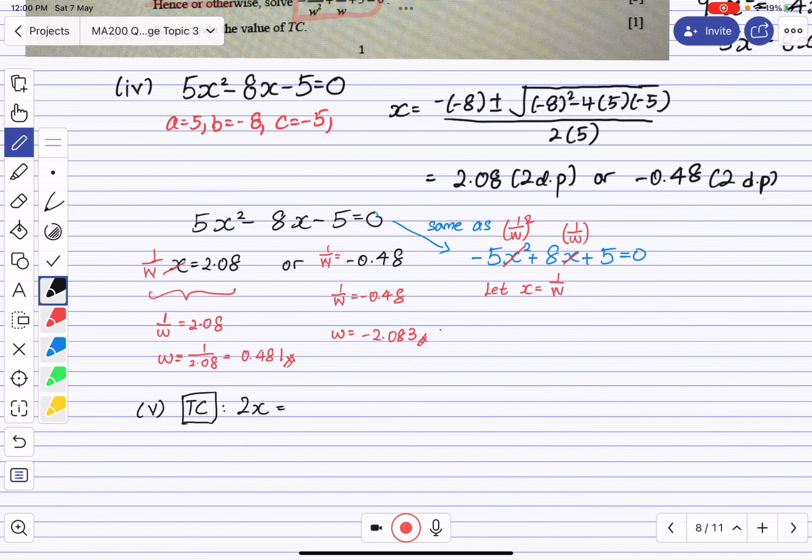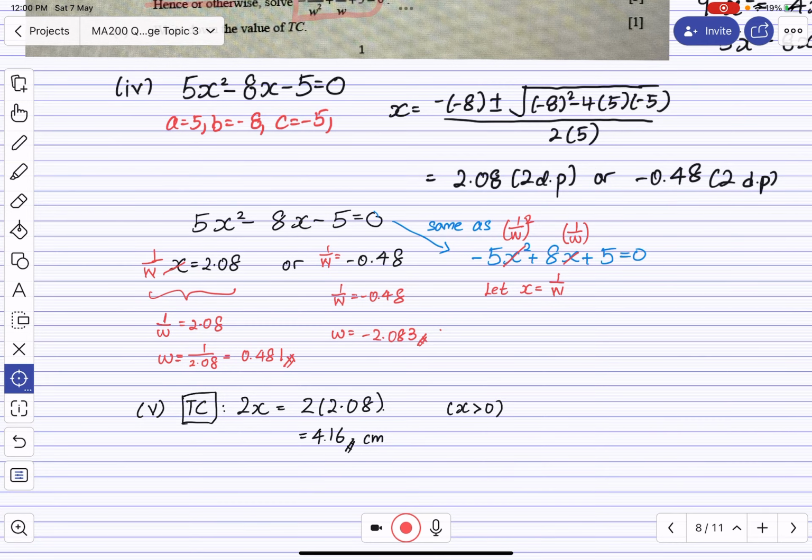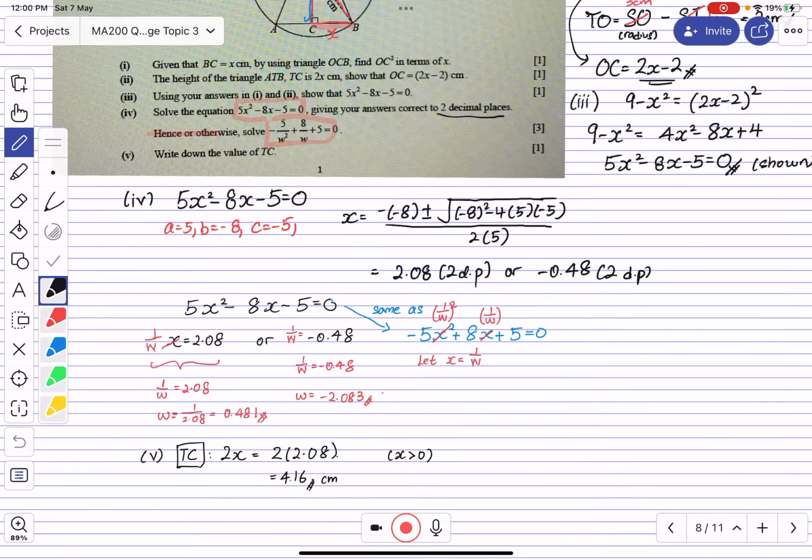I'm going to take 2x to be 2 times 2.08, which gives me the answer 4.16. The reason again is that x must be more than 0, hence we are rejecting negative 0.48. So that's all for this question.